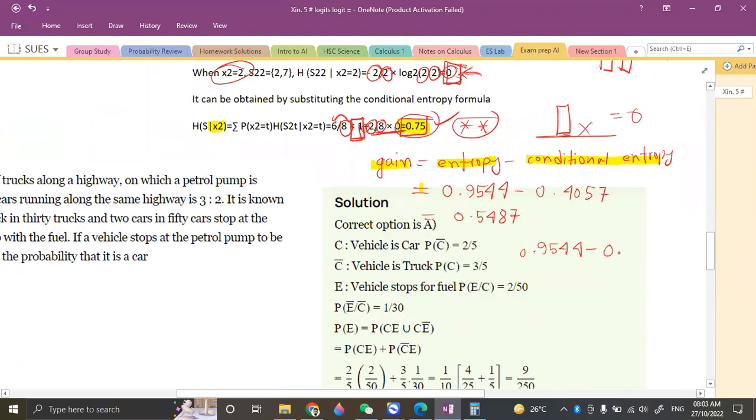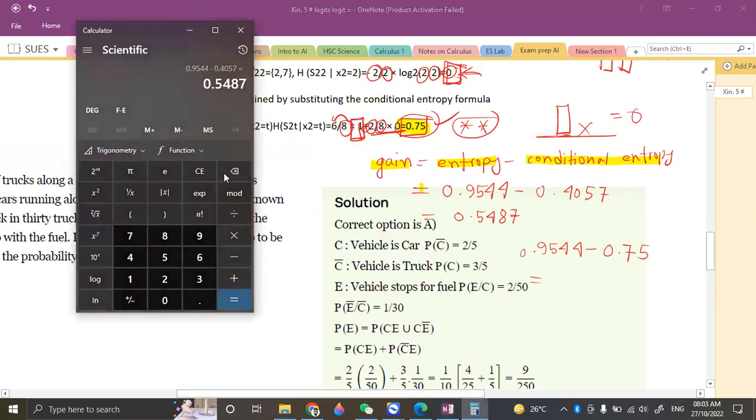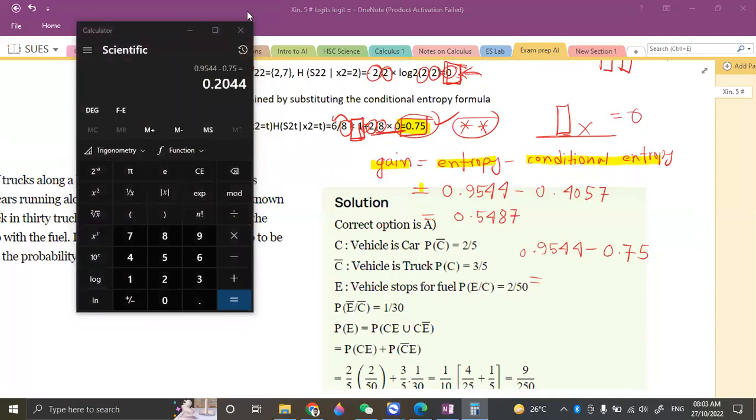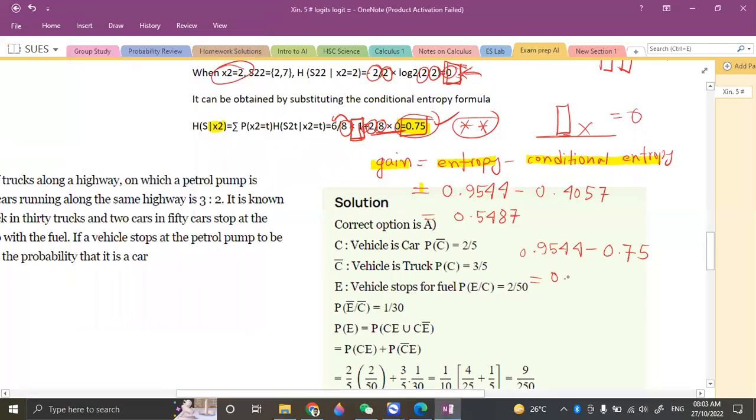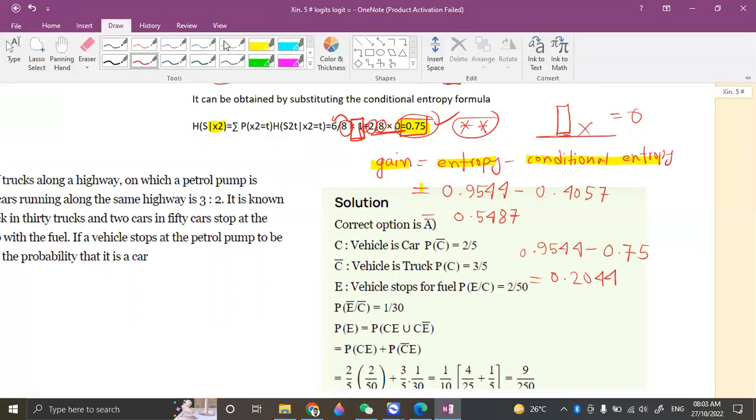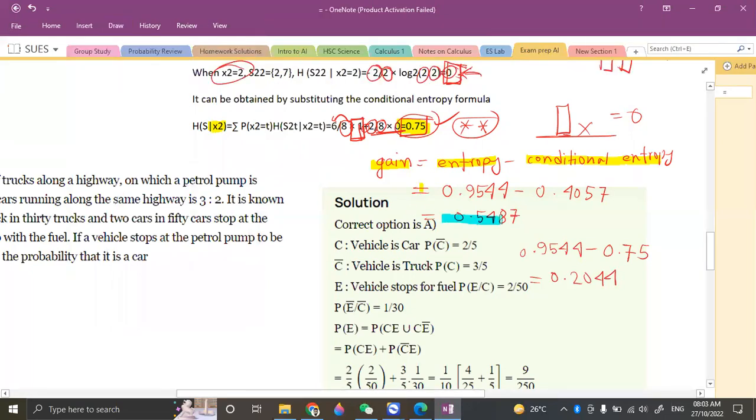So 0.9544 minus 0.75, the answer is 0.2044. Okay, you see the highest result. The highest result here is this one, 0.5487. So among them, this is the highest result.